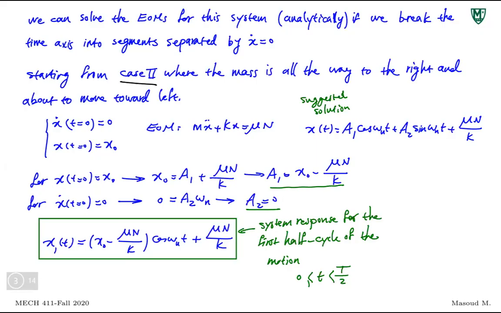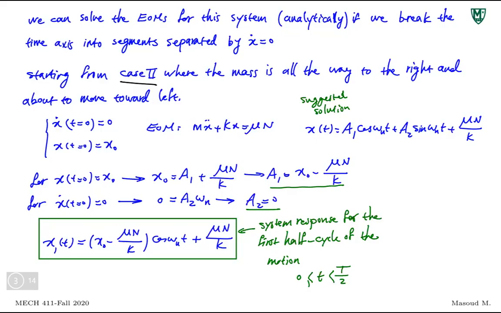Now, how about when we are in the middle of the motion, we come all the way to the left, the mass stops for a fraction of a second and the direction of the motion changes. What is the initial condition for this moment? How do we find that? This is not the beginning of the motion. We don't know how far, at least at first look. Here we knew we stretched this spring and took the mass all the way to some point x naught.